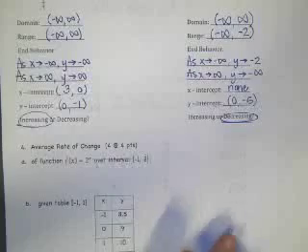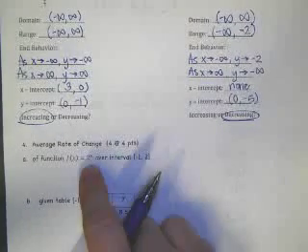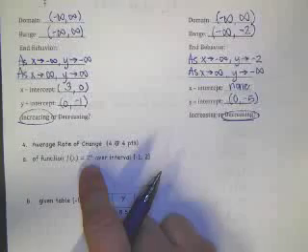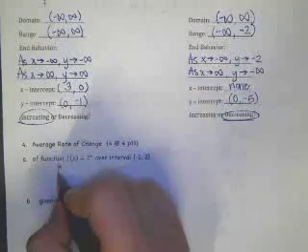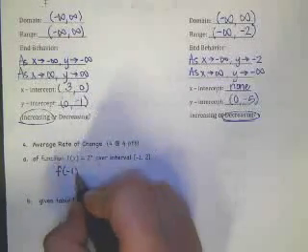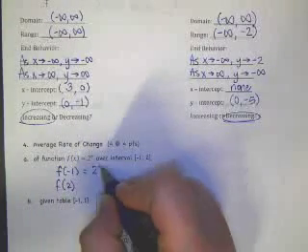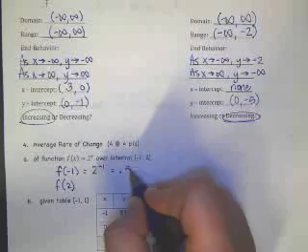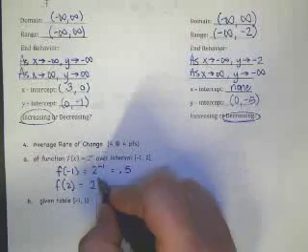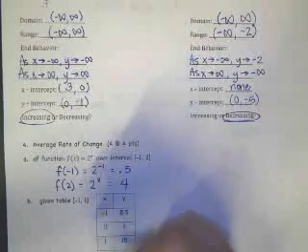Okay, then we have some average rate of change. Here we are going to do over the function, so over our equation. So we're going to find f of negative 1 and f of 2. So 2 to the negative 1 is 0.5. 2 squared is 4.